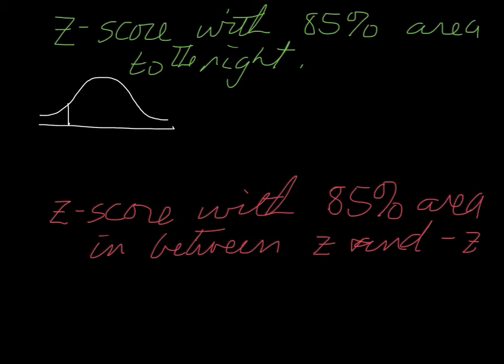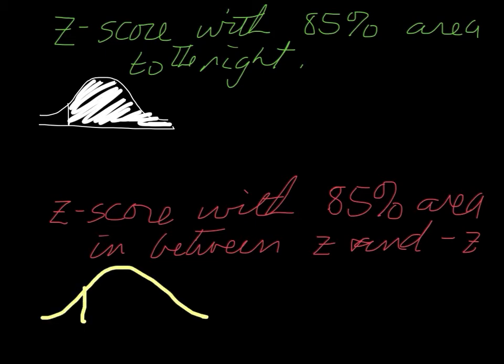So 85% of the area to the right would look something like this picture, and 85% of the area in between z and negative z would look like this picture.